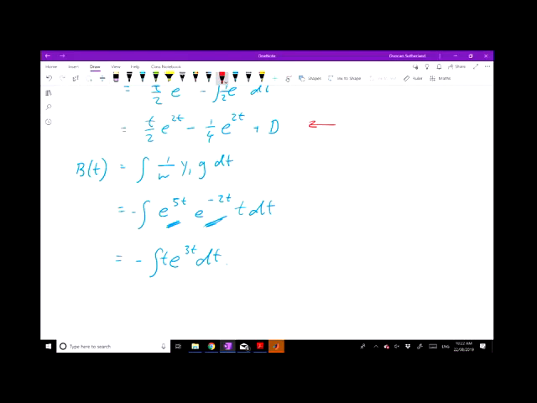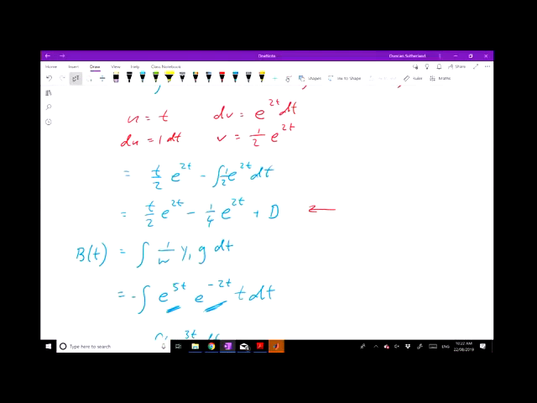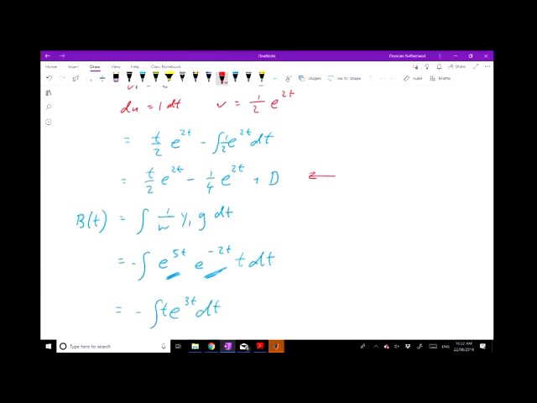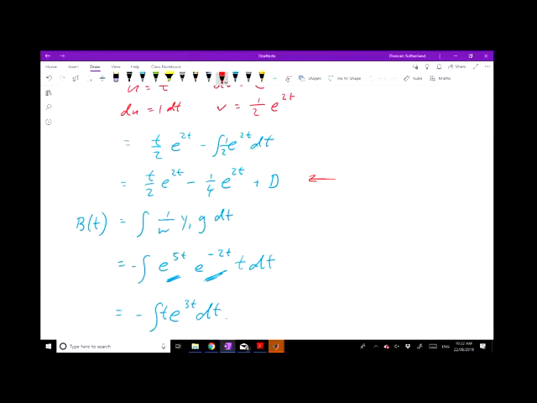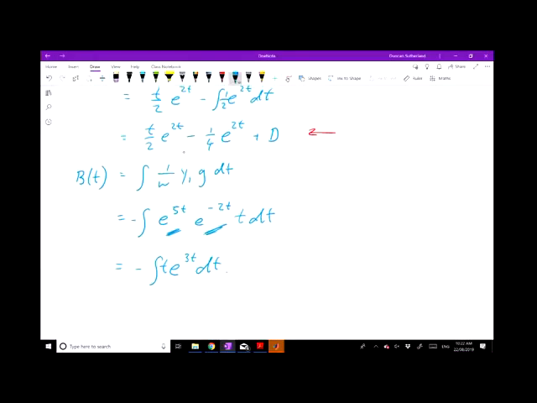Yeah? So all I'm going to do is pretend, so here I get a factor of a half, here I would expect a factor of a third, right? So I'm going to cheat, and I'm going to carefully transcribe this, changing all the 2's to 3's. I've still got a minus sign outside, yeah?